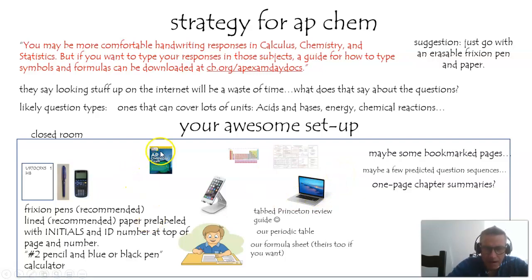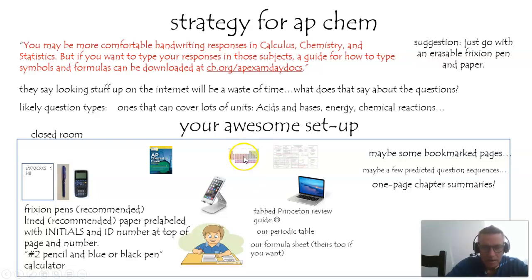I would have our trusty AP chemistry guide open, maybe tabbed for each topic. And if there was some sort of summary problem that you think, hey, I think they're going to ask this, you could have that out. I wouldn't use their form of the AP periodic table. It's just bare bones. It doesn't even list what the element is named.